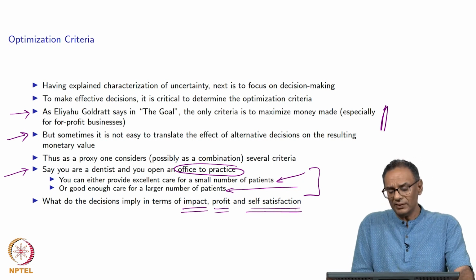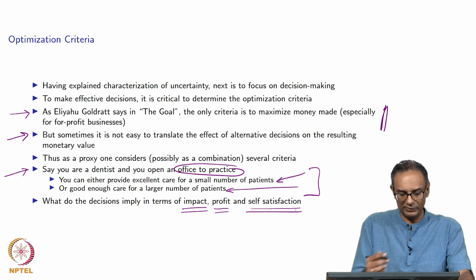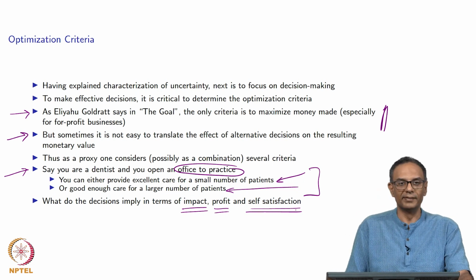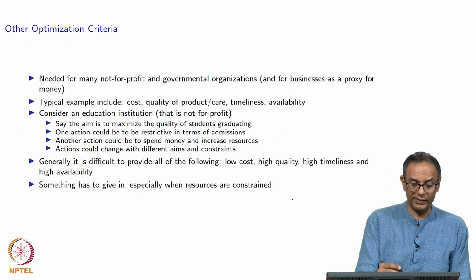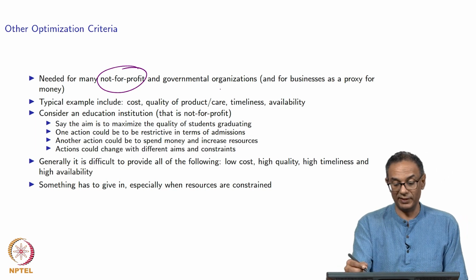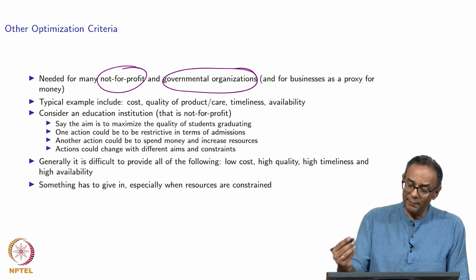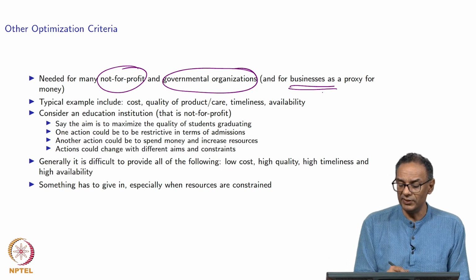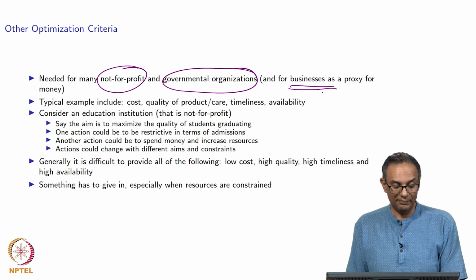So one does not normally do everything necessarily for the sake of profit, but there are also other things like impact and satisfaction. All right, there are other optimization criteria that we need to talk about, especially for not-for-profits like universities and academic institutions, as well as governmental organizations. And many times businesses also use these as a proxy for money. Okay, now let me take an example.